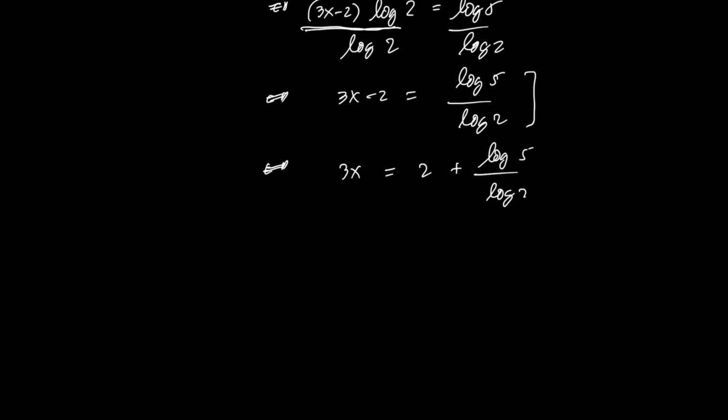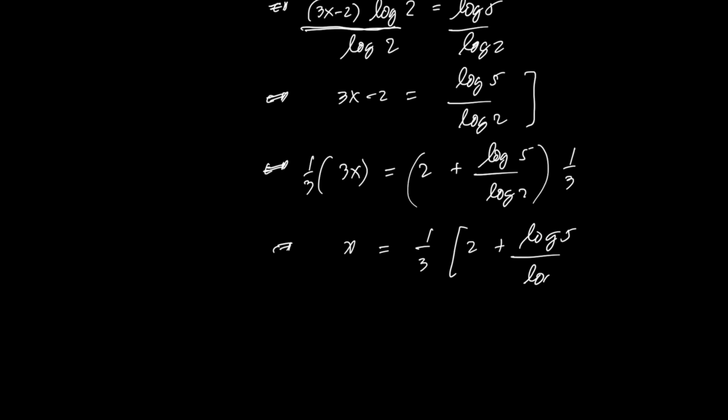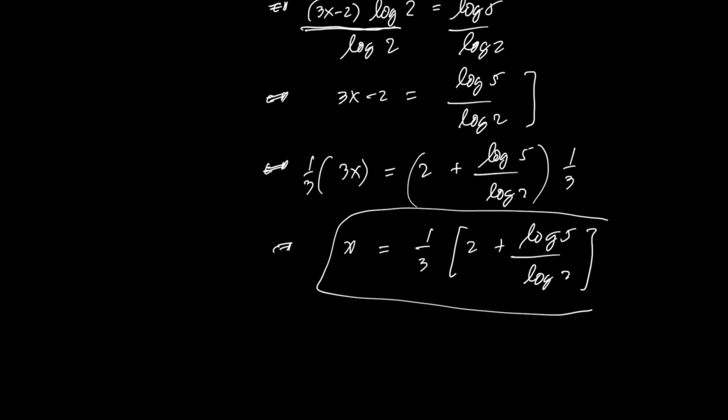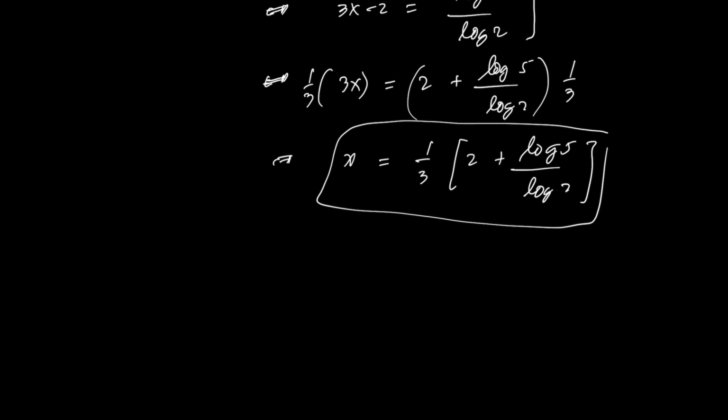Dividing both sides by 3, or multiplying both sides by 1/3, we have x is equal to 1/3 times 2 plus log of 5 over log of 2. So this is enough. Or if you want to expand this one using your calculator, x is approximately 1.44.